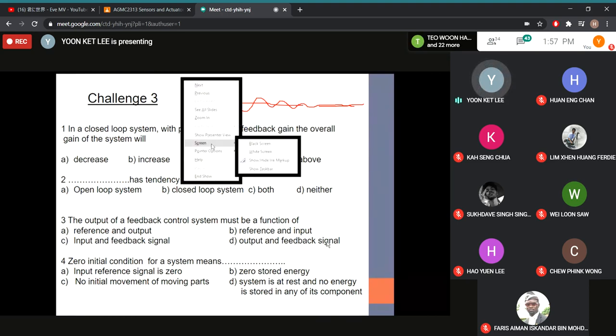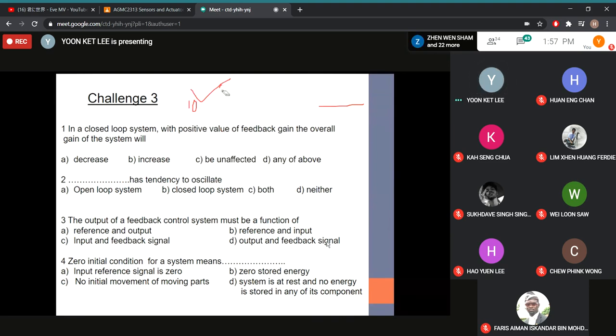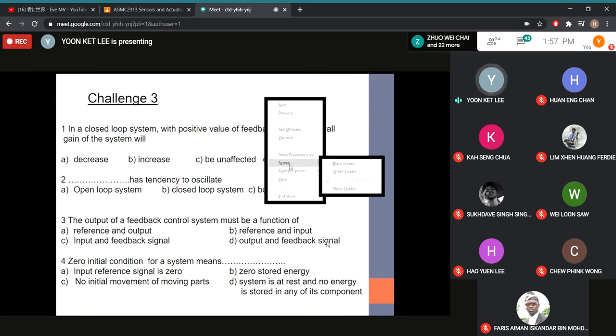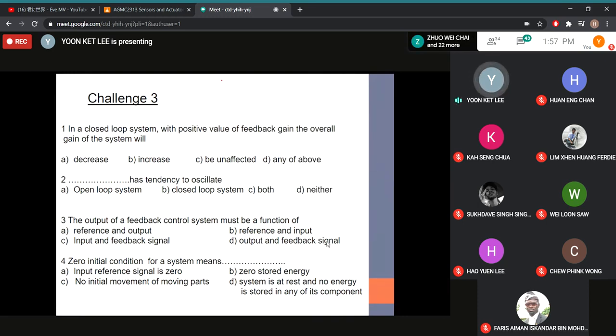There also could be a possibility that your system is very bad, that it has a tendency like this, and the oscillation grows even greater.